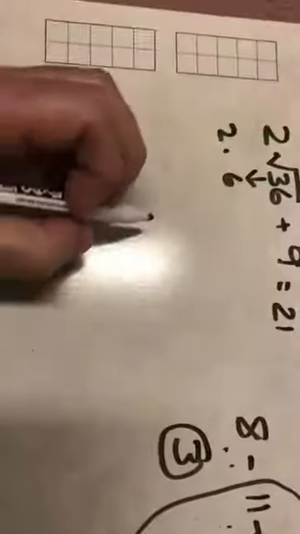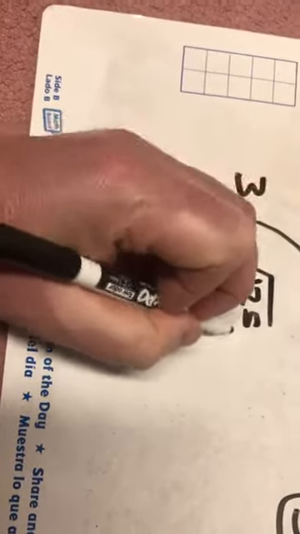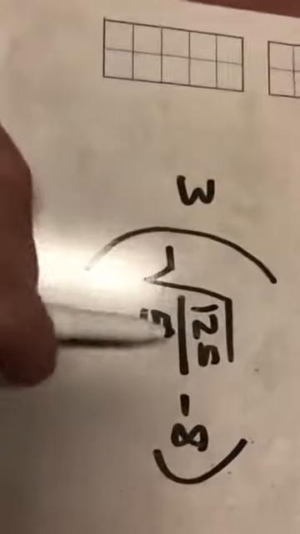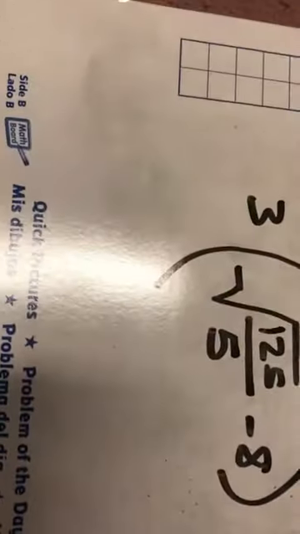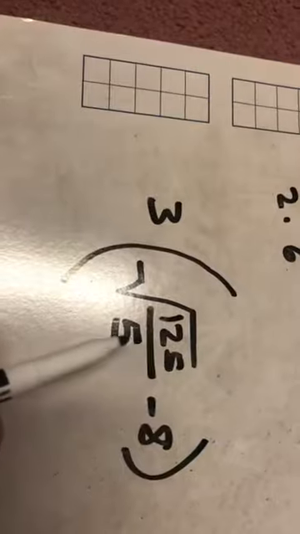Let's look at one more. All right, we're going to go 3, and we're going to have a big parentheses, and we're going to have the square root of 125 over 5 minus 8 in parentheses. So, order of operations tells us we always do what's in parentheses first. So I want to deal first with this square root, 125 over 5.